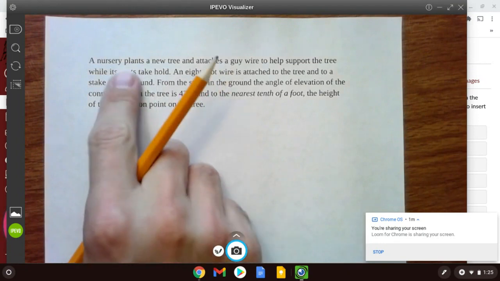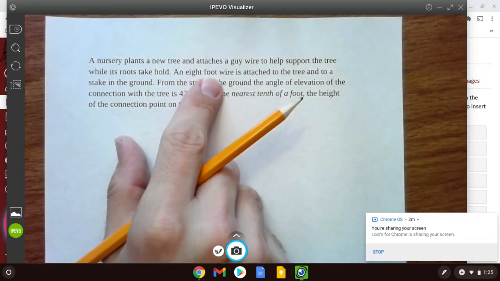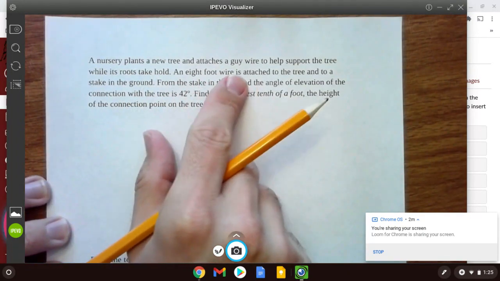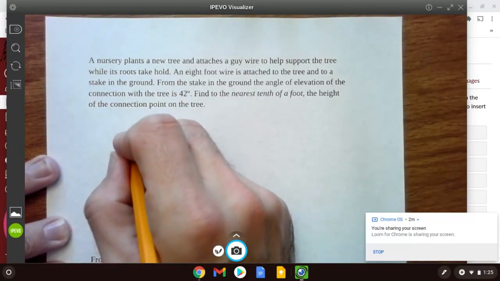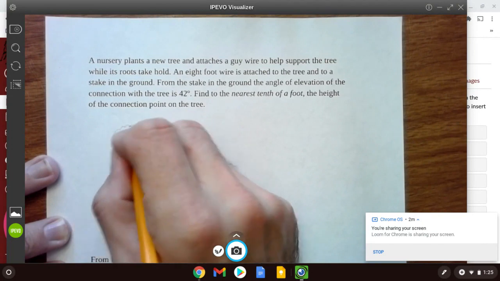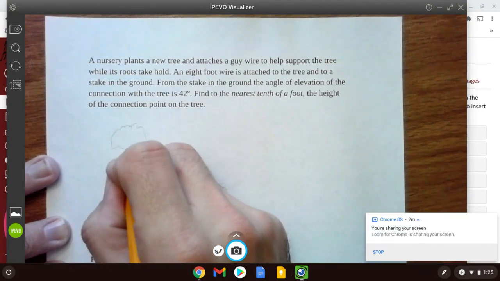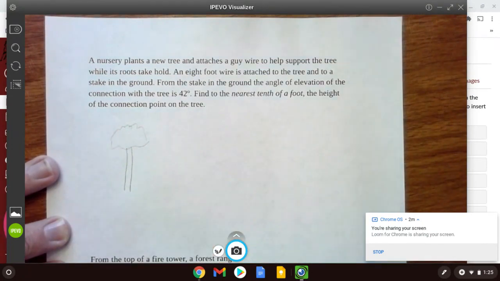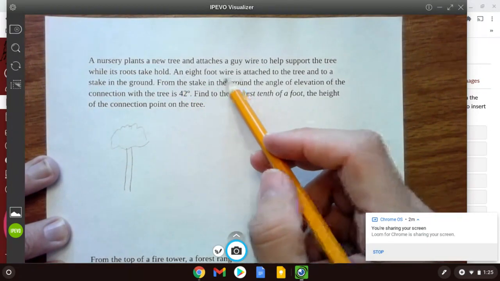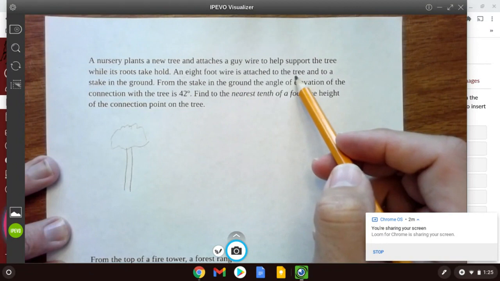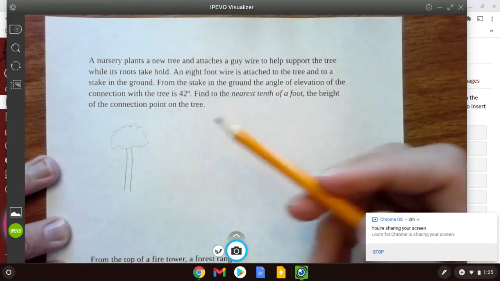At a nursery, they plant a new tree, and there's a guy wire attached to it to help support the tree. First, let's build a little tree here. Here's our tree. The wire is 8 foot long, and it is attached to the tree and to a stake in the ground.